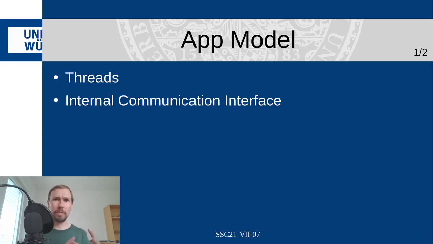The second main property is the internal communication interface. The internal communication means here the communication on board. So not the communication between space and ground, but the communication on board. That means the communication between the apps and the communication between the nodes.